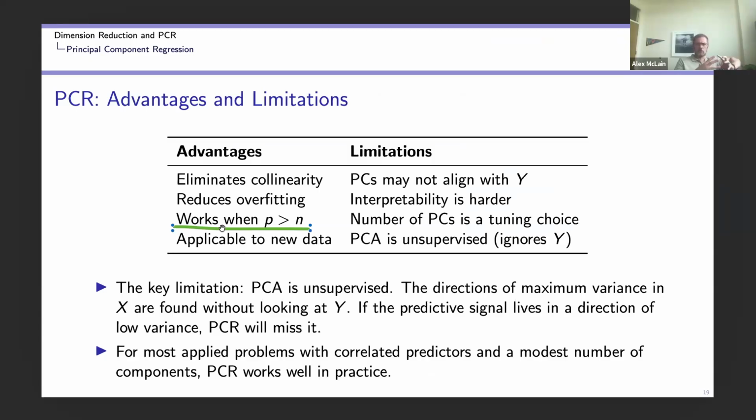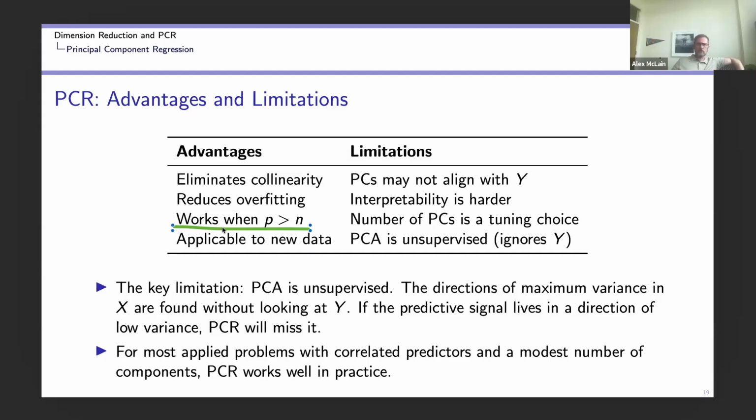We can do principal components on those 20,000 variables, get them down to maybe 10 principal components, and then we can predict our outcome that we're interested in. So that's kind of the main advantage and the main place that I would use it. It's also, we can apply this to new data. That's a great thing about principal components.